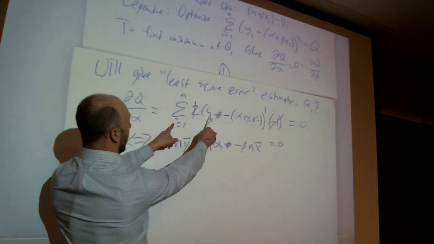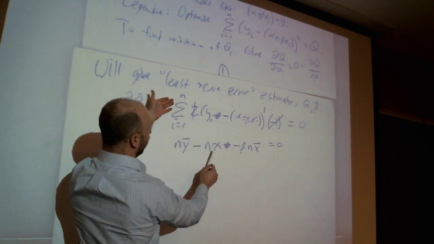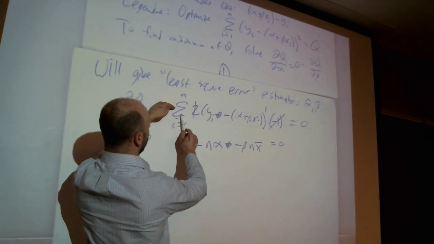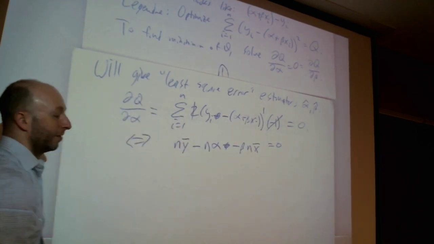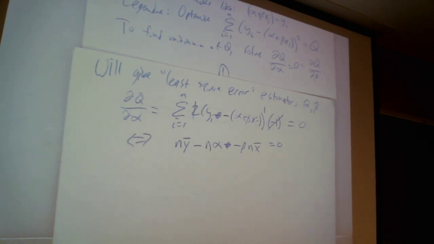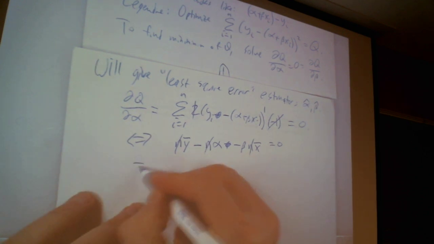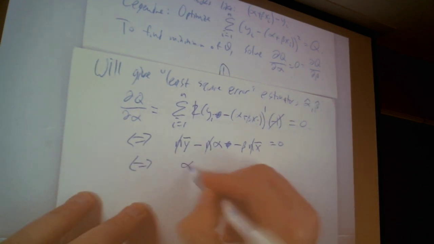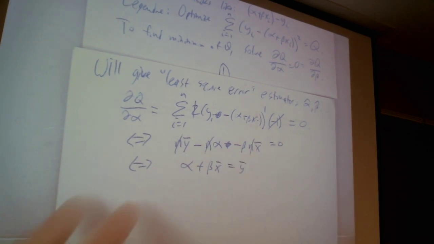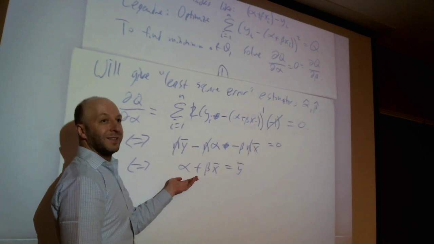The sum of the yi is n y bar, minus alpha. How many times do I get alpha? N, minus beta, which is a constant, pulls out of the sum. I have a sum of the xi, that's n x bar. Now I can cancel the n's. Okay? So that happens if and only if alpha plus beta x bar is equal to y bar. Does this equation make sense?